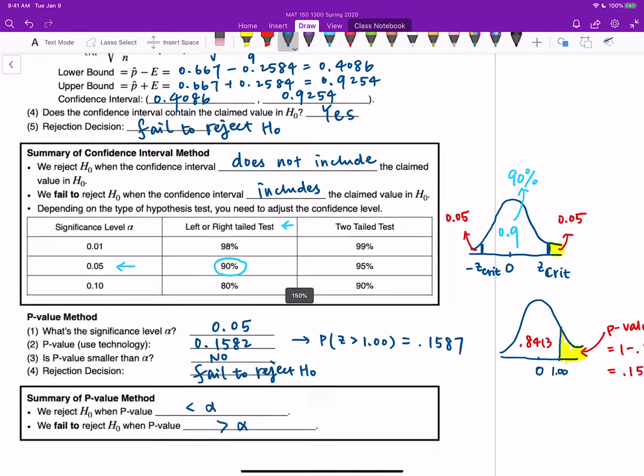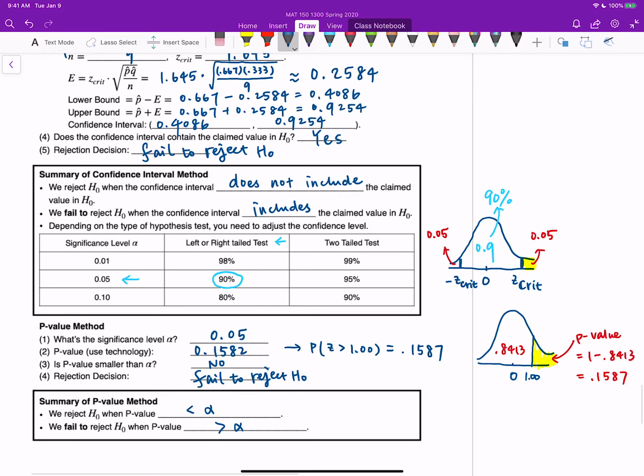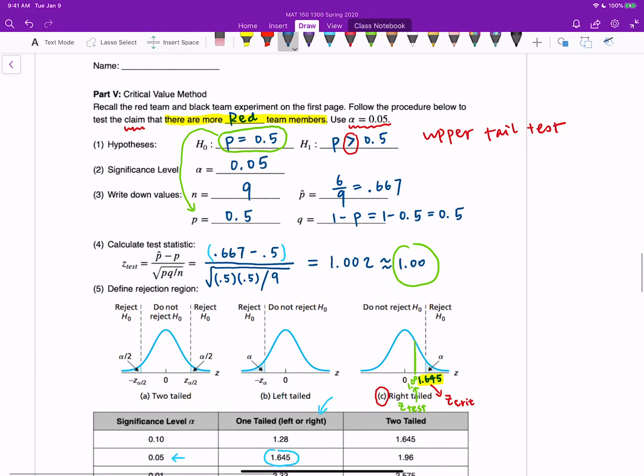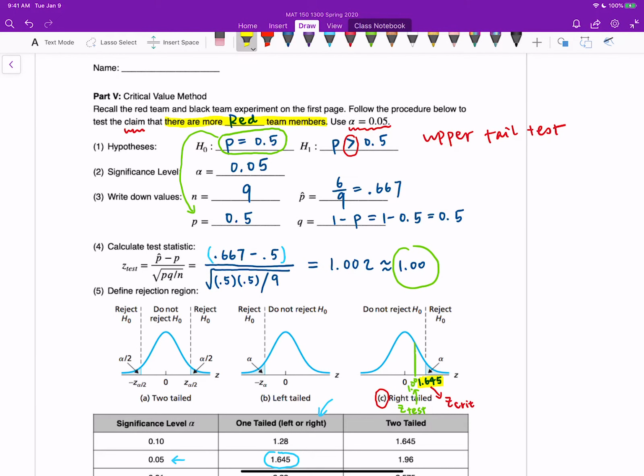We introduced two more methods, the confidence interval method and the p-value method. There is a little catch here. If you apply the confidence interval for proportion, sometimes you will get opposite conclusions from other methods like the p-value or the critical value method. This is because the formula that we use when constructing a confidence interval is slightly different from the one we have for hypothesis testing, which comes from the denominator right here.